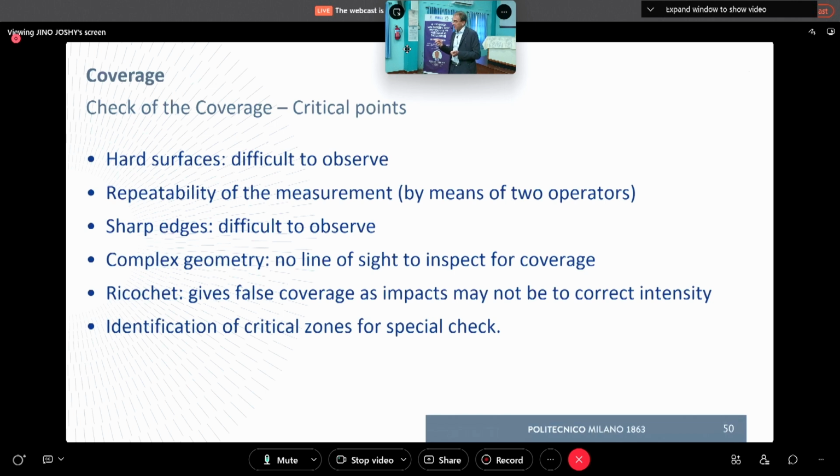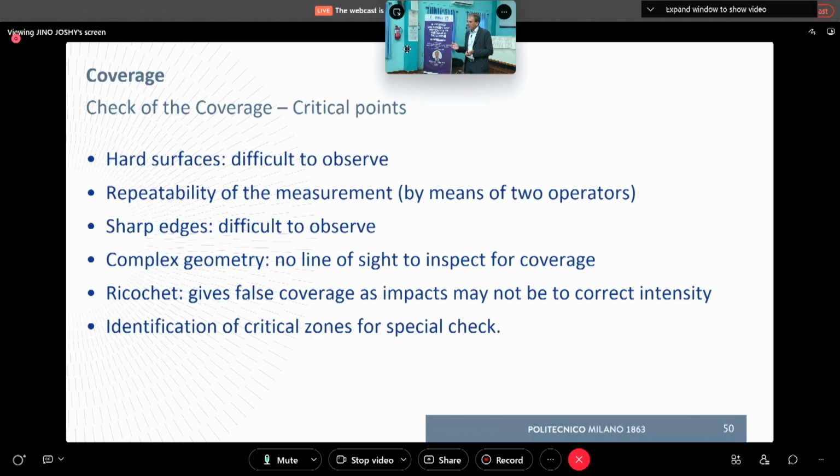So the check of the coverage, the ways we have seen, is subject to this subjective assessment. It could be a problem, and if there are possible issues about acceptance or not, it's better to request the opinion of more than one or two operators with diverging opinions.